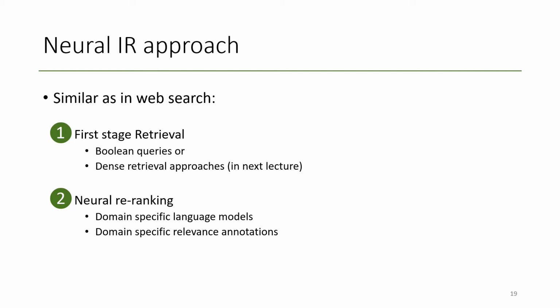And then in the second step, there is then neural re-ranking. And here, the domain-specific challenges need to be addressed, like the domain-specific language models or domain-specific relevance annotations or having fewer labels. And these are all challenges to consider when you create a neural information retrieval method.